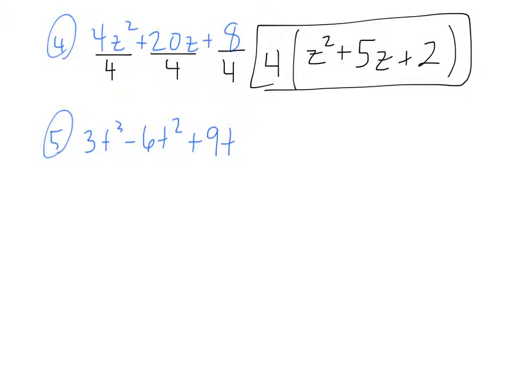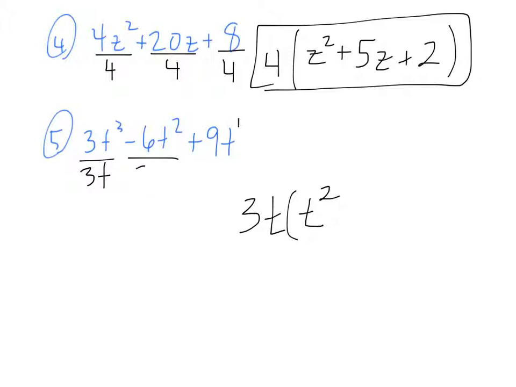Last one. What's my GCF? Numerically, 3. Variable, 1t. Why only 1? Well, because there's at least 1t in all 3 terms. So let's factor out a 3t from this first term. 3t cubed divided by 3t is t squared.